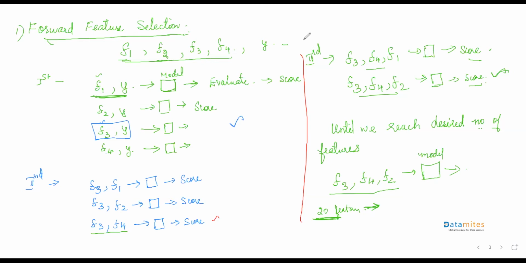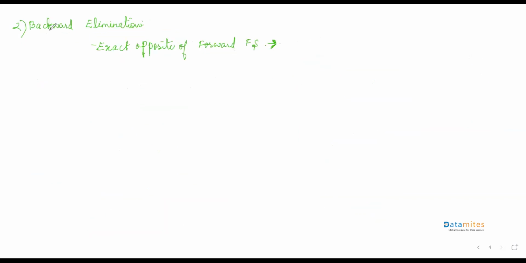In this case, we have 4 features. If the desired number of features I have given is 3, then this is a subset where I have 3 features. If I give it as 2, then this will be the final subset of features that the technique is going to give me. So this backward elimination method is just the exact opposite of forward feature selection.